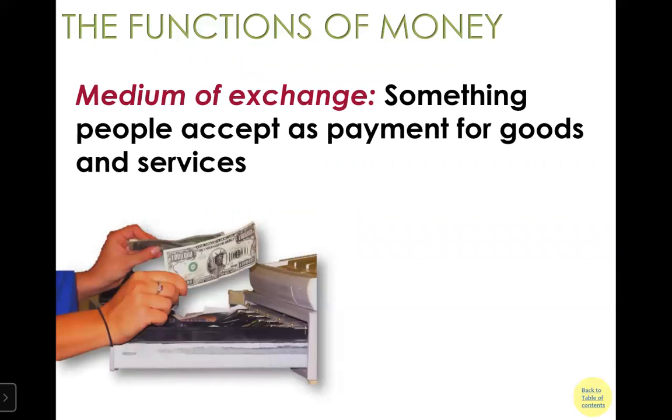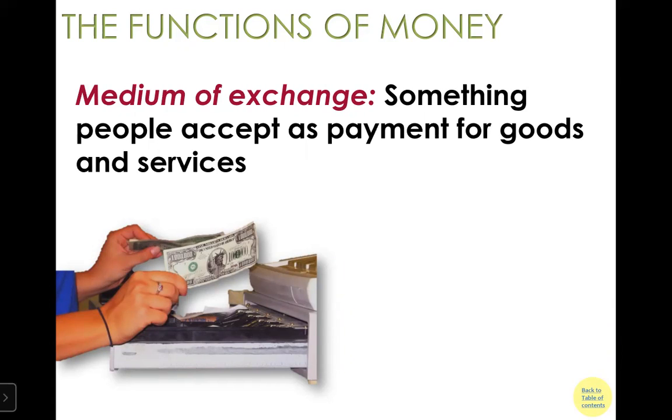So medium of exchange is something people accept as payment for goods and services. Just remember the early example I showed you, 1933, in a small town in California. People abandoned the banknotes issued by those banks because they lost confidence in those banks, either commercial banks or the central bank.